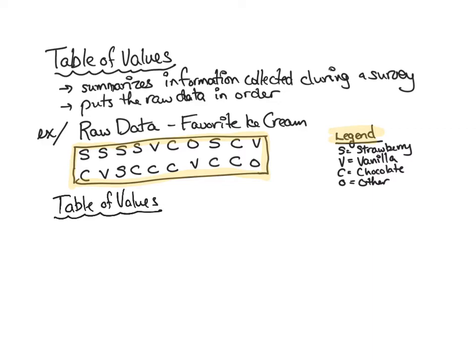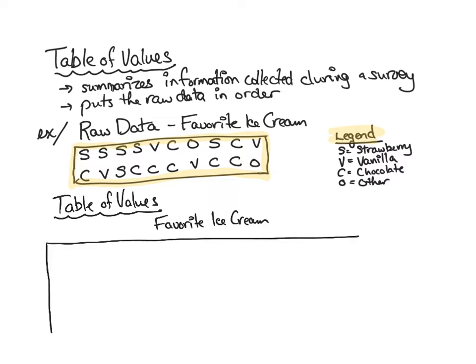So the first thing we need is a title. So we're going to put favorite ice cream, just so that we know what our table is about. The first column, and we're going to have many, so you can extend it out, is the values column.